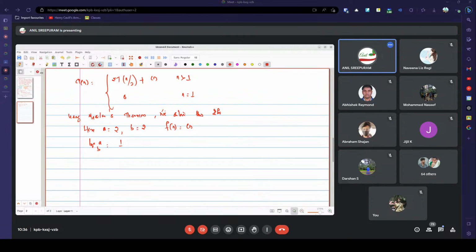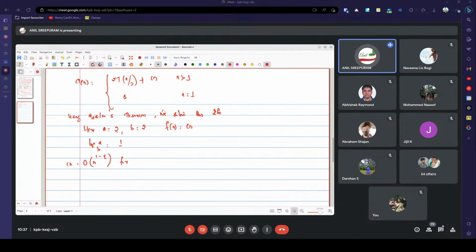Case 1 means, check whether Cn is equal to big O of n power log a to the base b, that is n power 1 minus some epsilon, like n power 0.99, n power 0.98.